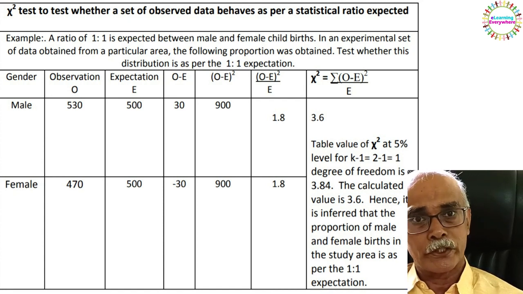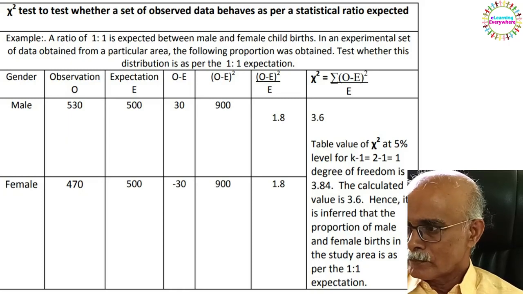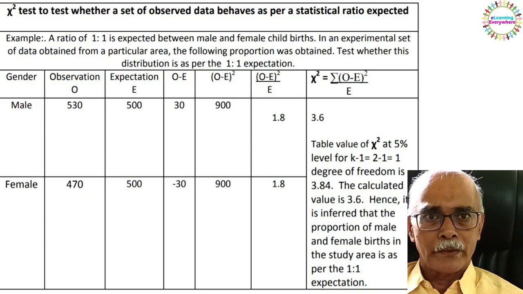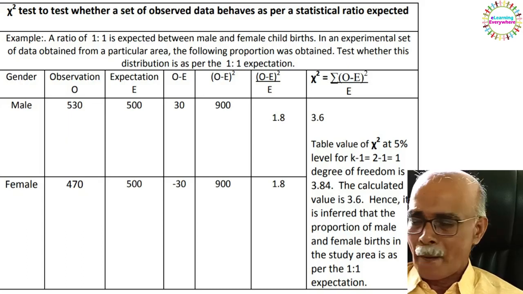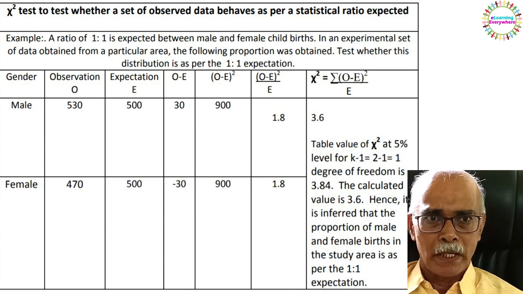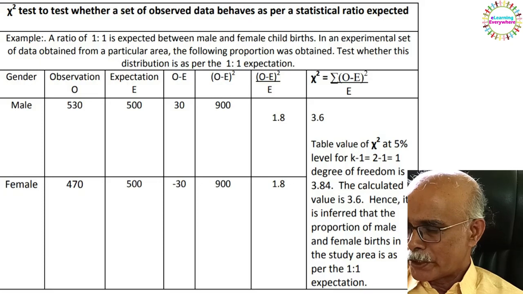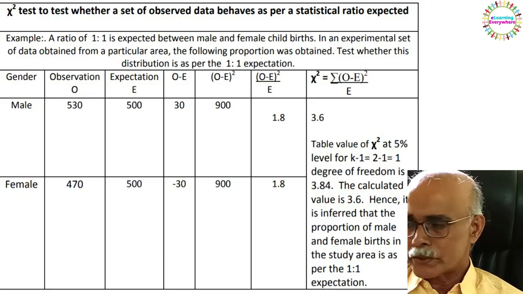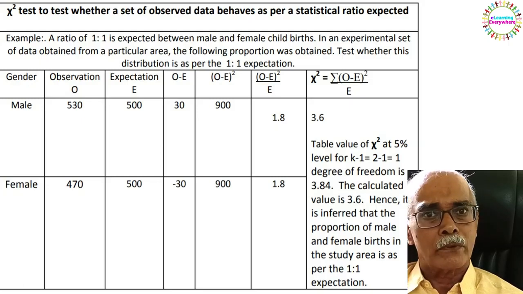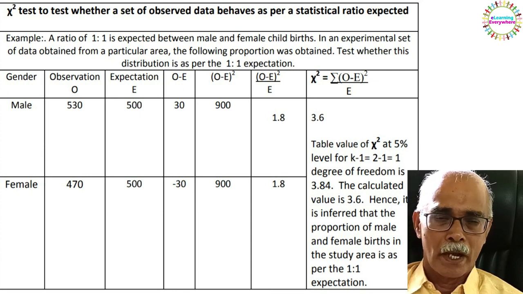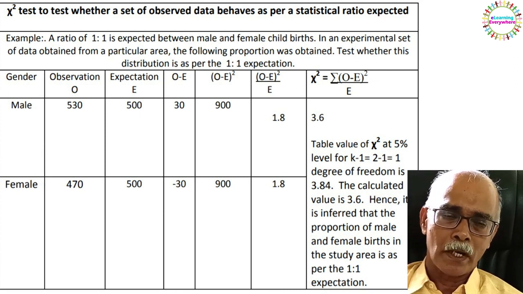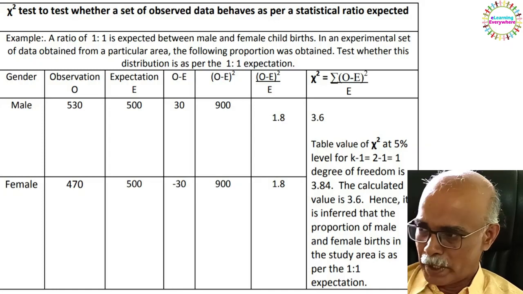The expectation is 1:1. Totally there are 1,000 individuals, and there are two groups, the number of males and the number of females, and your expectation is 1:1, which means you expect 1/2 of the total number of childbirths as males and 1/2 of the total number of births as females.